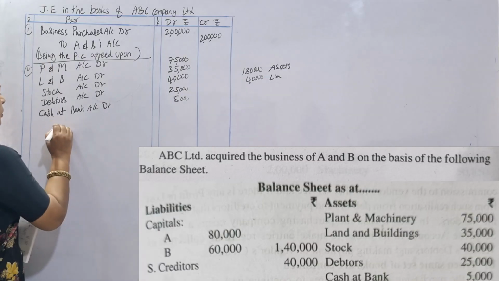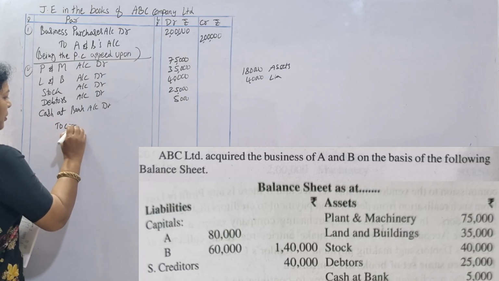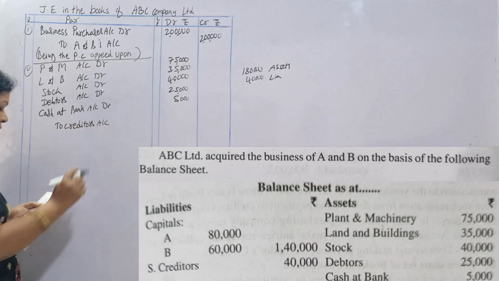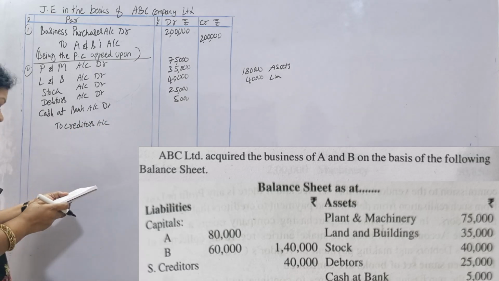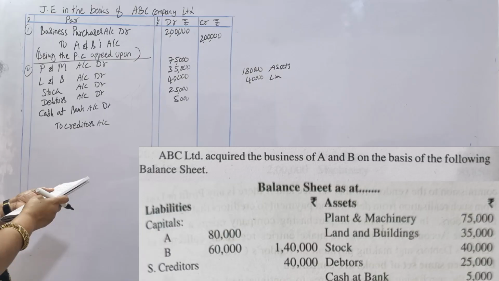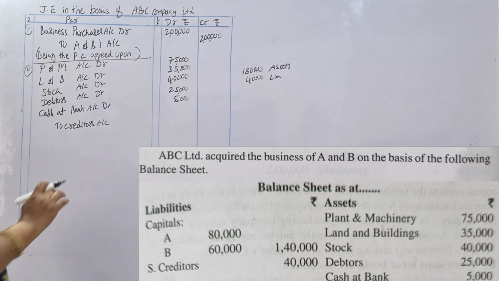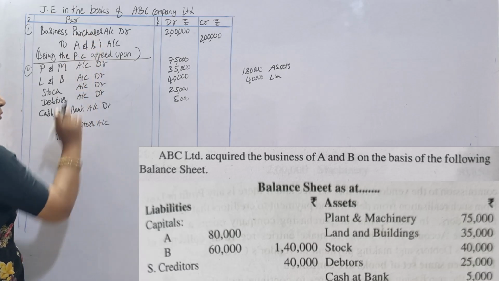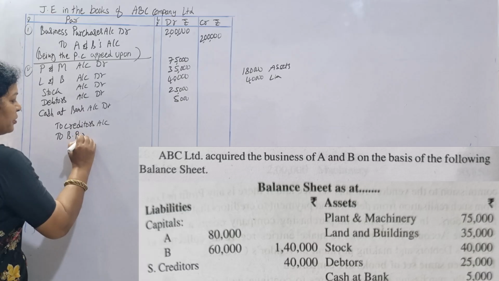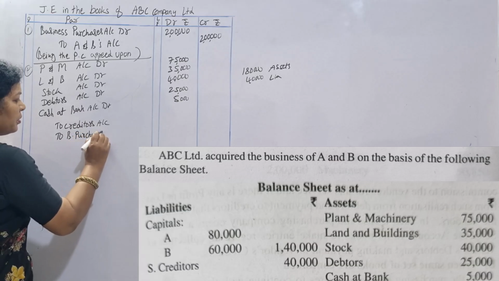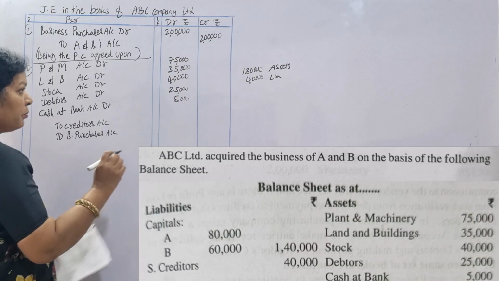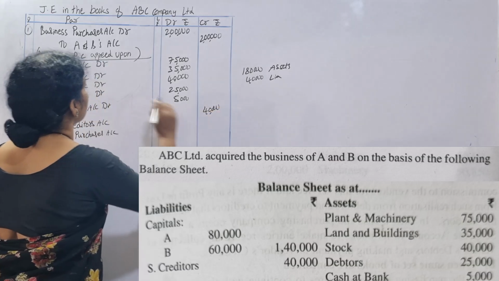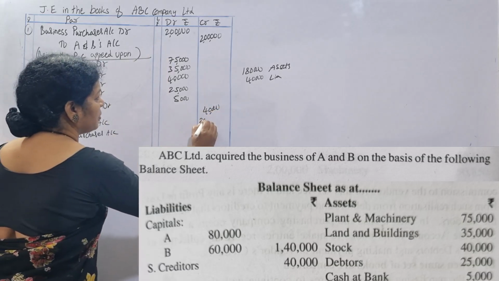We'll write to creditors account 40,000, and also to business purchase account. Creditors are 40,000. Business purchase amount is 2 lakh rupees.